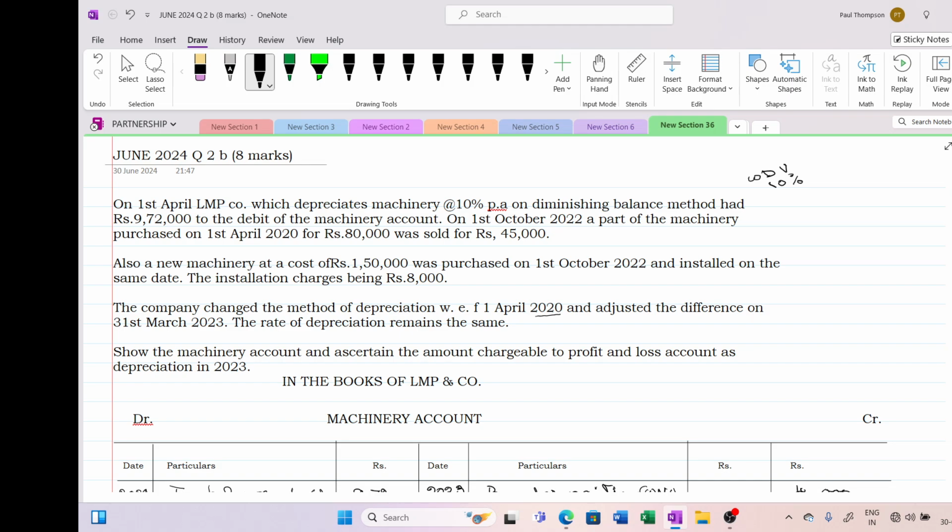It can be charged prospectively only. But in the old CA syllabus, they used to give sums like this. So they may give you some grace marks, but still you can understand. So with effect from 1 April 2020 and adjusted the difference in 2023.